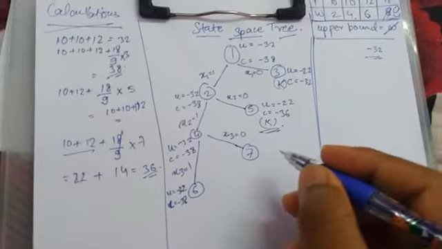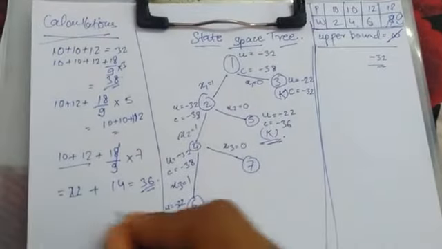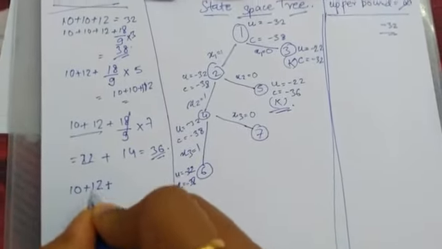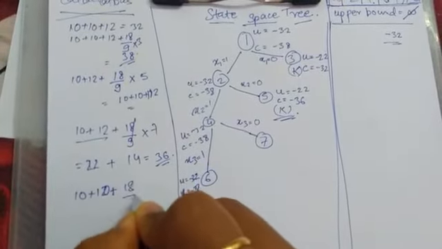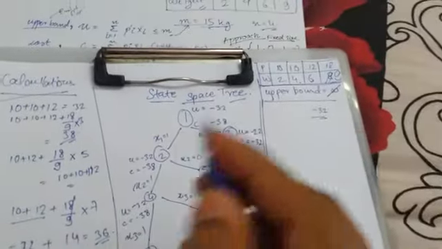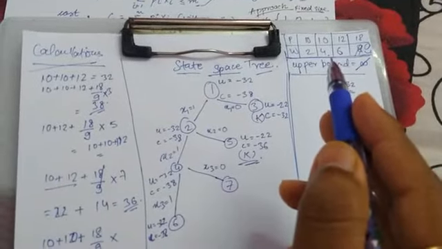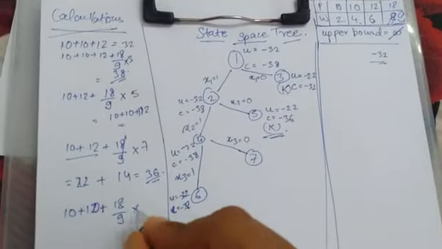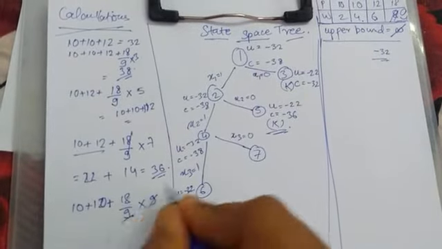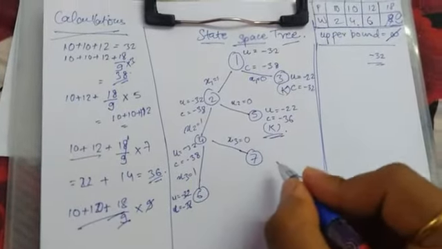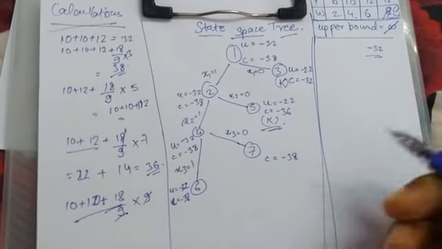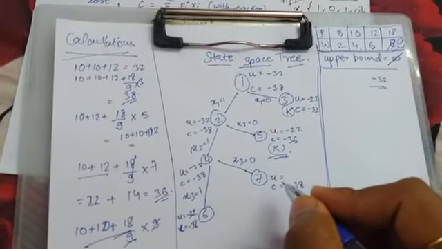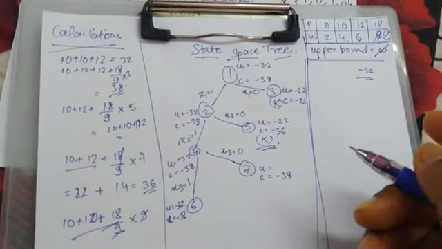If we do not include x3, the third object, then we will get, let us see, 10 plus 10 plus 18 by 9 into how much we are left with, 2 plus 4 is 6 plus 9. We can get the full one, right, into 9 because we are taking the full. Therefore the cost is now increased, minus 38, and the upper bound will be equal to, how much is the upper bound? It is the same, minus 38.